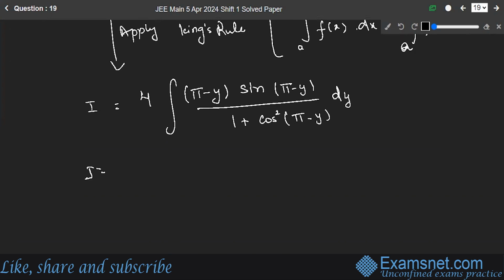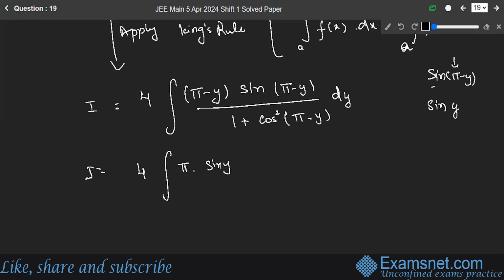So this I is equal to 4 and, yeah, this will be pi into, what is sine of pi minus y? Sine will not change because 180 degrees does not change the trigonometric ratio. It will remain sine. Second thing, pi minus y lies in the second quadrant, so the sign will be positive. So it will remain as sine y only.